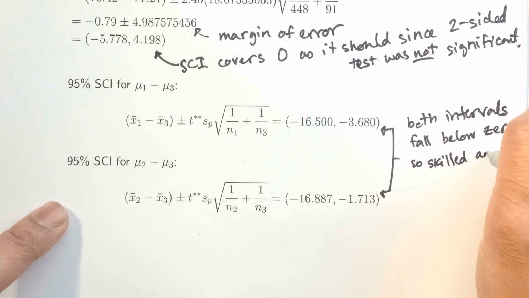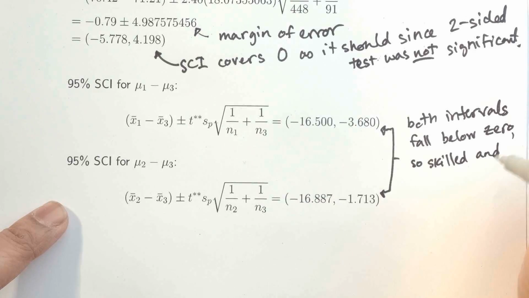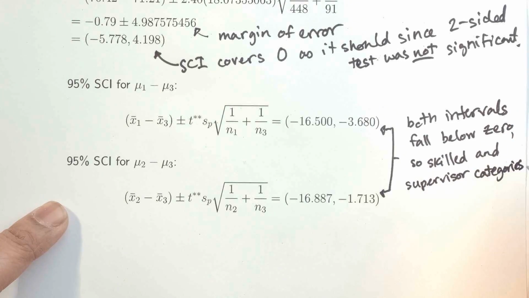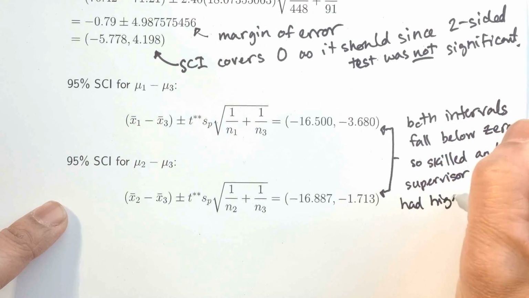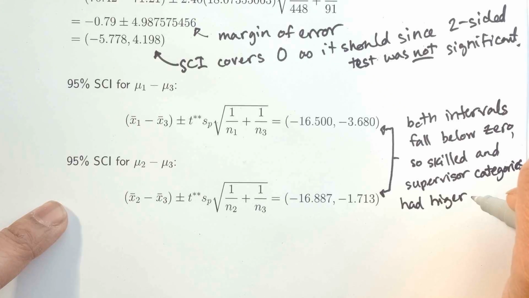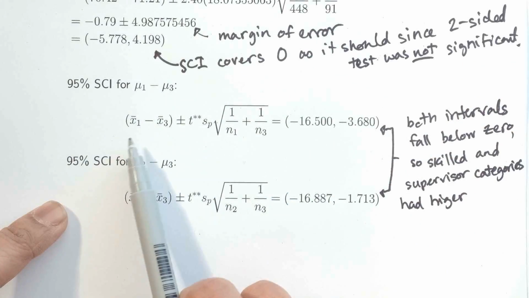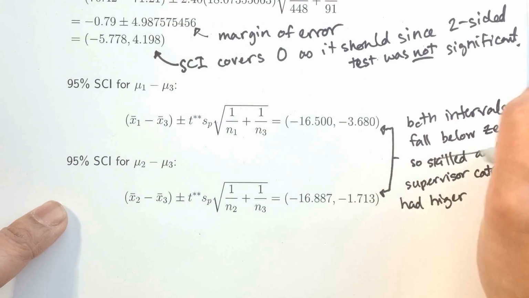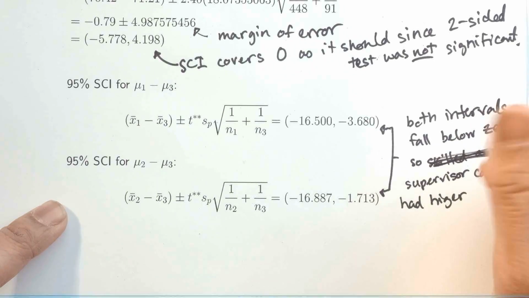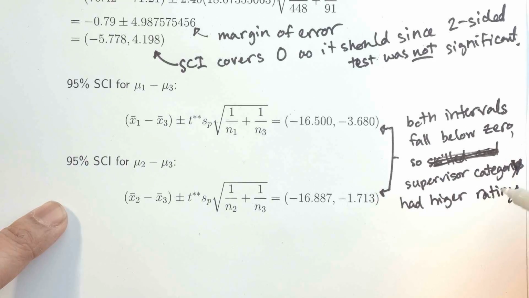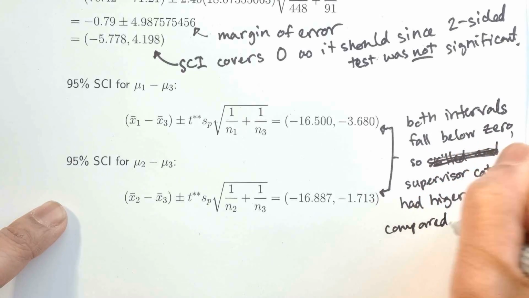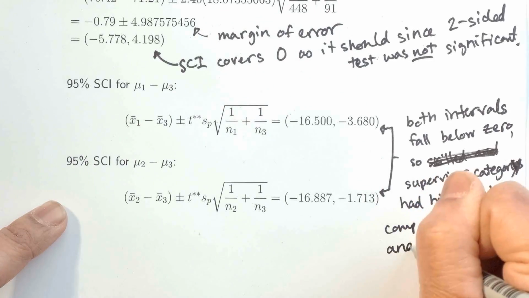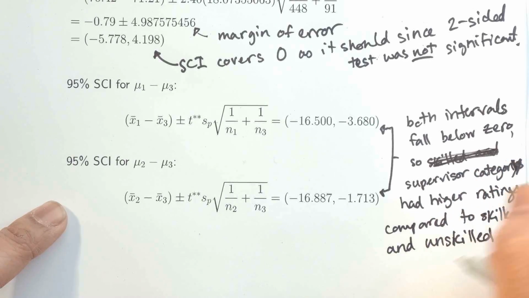So the skilled and unskilled workers and supervisors, so we'll say categories, the supervisor category had higher ratings compared to the skilled and unskilled workers.